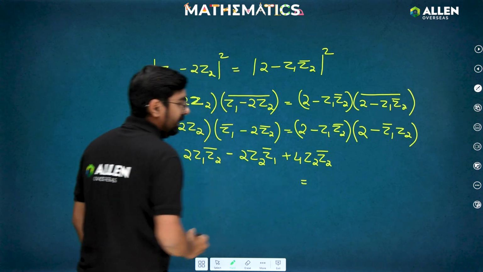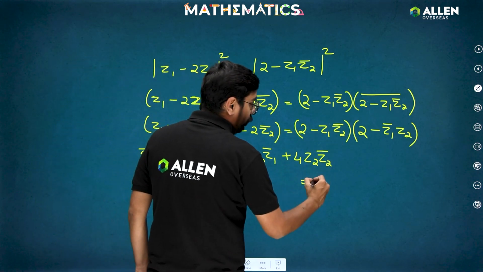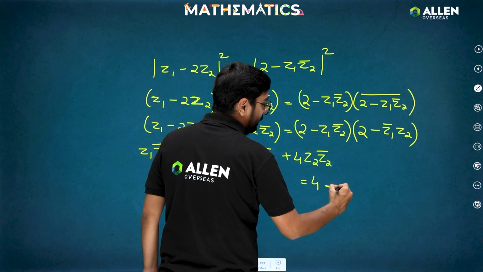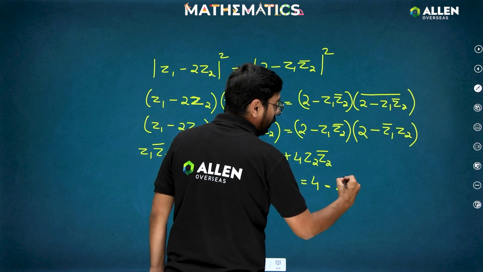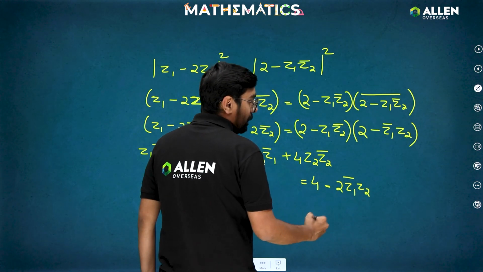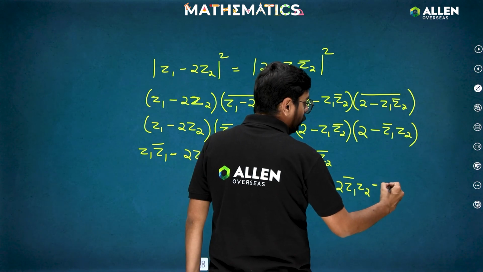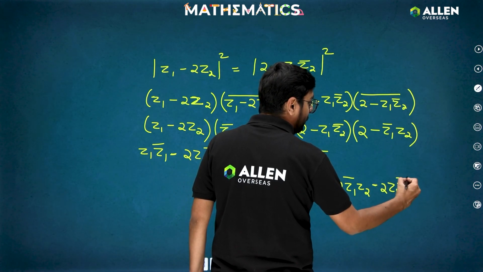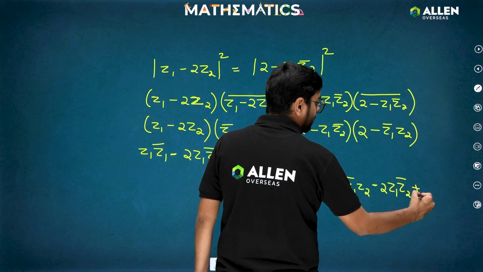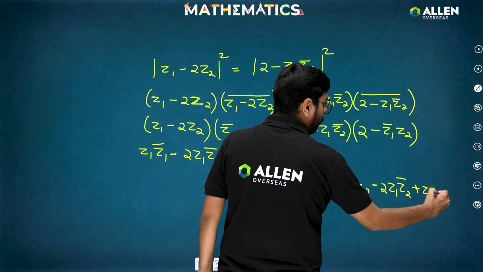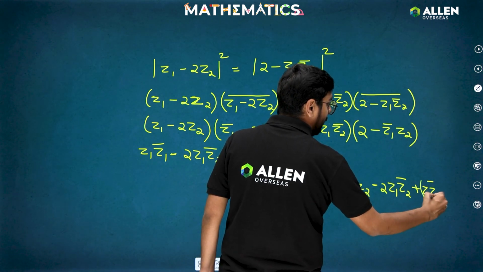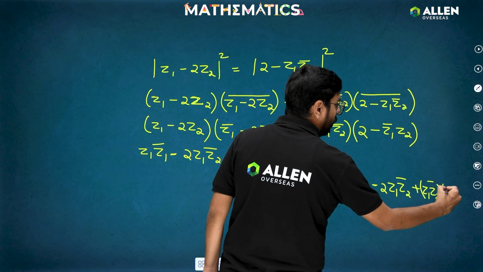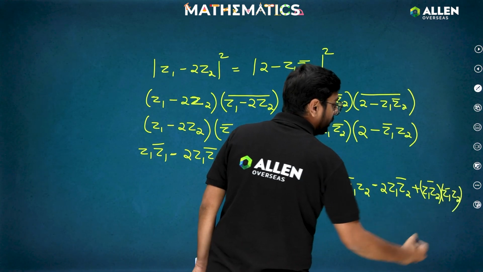And on the right side, I'm going to have 2 into 2, 4, minus 2 into z1 conjugate z2, minus 2 into z1 z2 conjugate, plus z1 z2 conjugate multiplied with z1 conjugate z2.